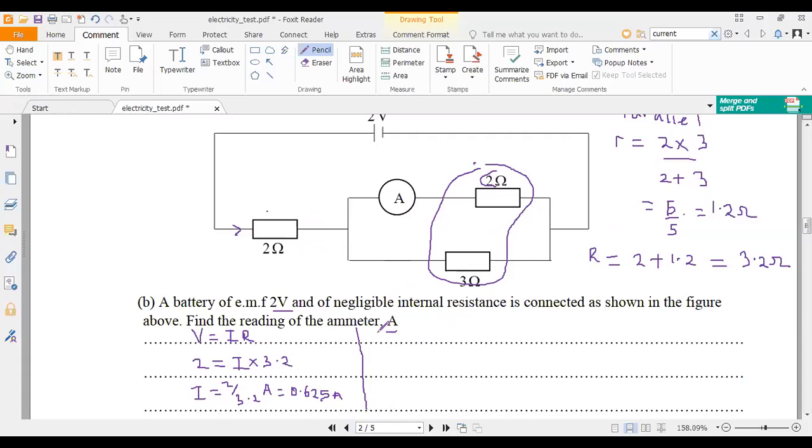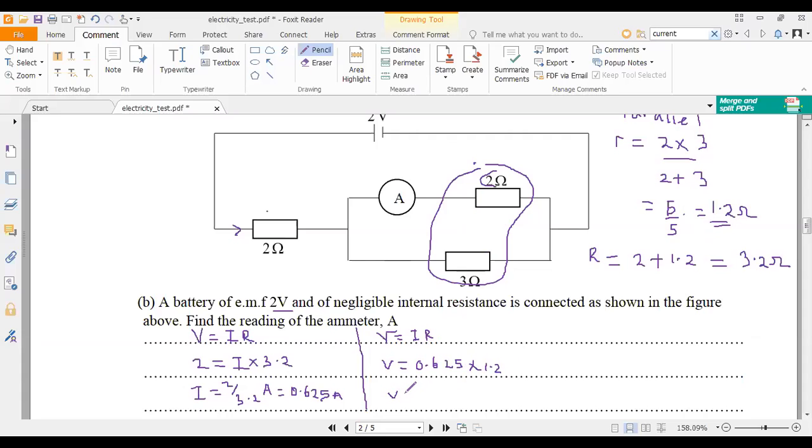To find that value of potential difference, we shall use V equals IR. We are going to use this combined resistance, since the voltage is the same in a parallel combination. So V equals 0.625 multiplied by 1.2.